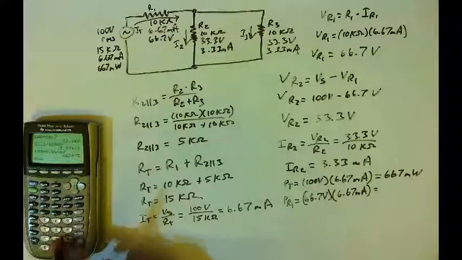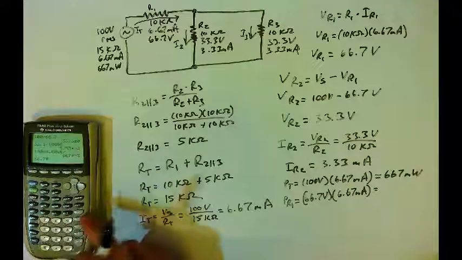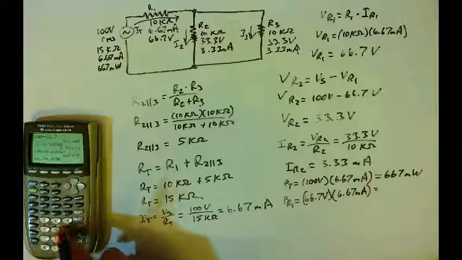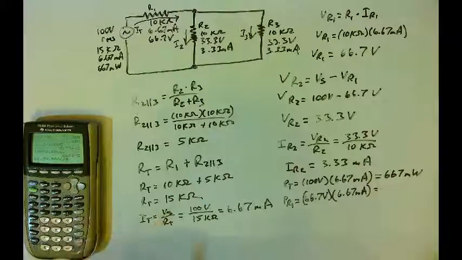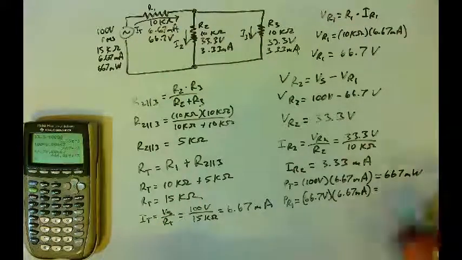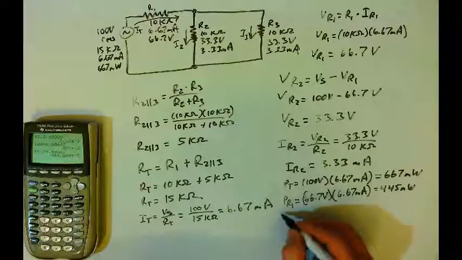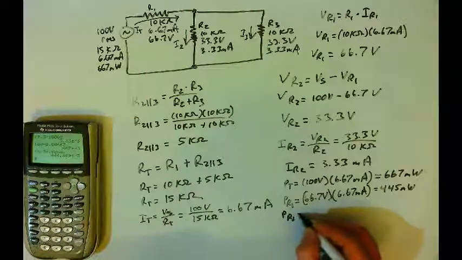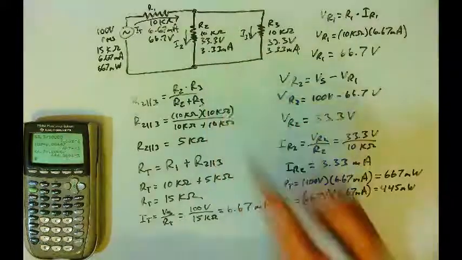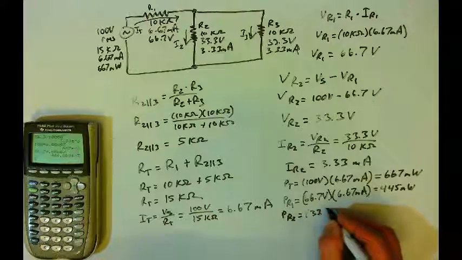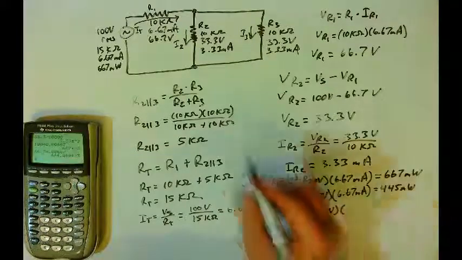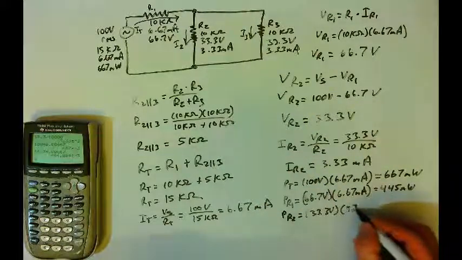So 66.7 volts times 6.67 milliamps is going to be 440, let's say 445 milliwatts. The power in R2 will be the voltage, which is 33.3 volts, times the current, which is 3.33 milliamps.